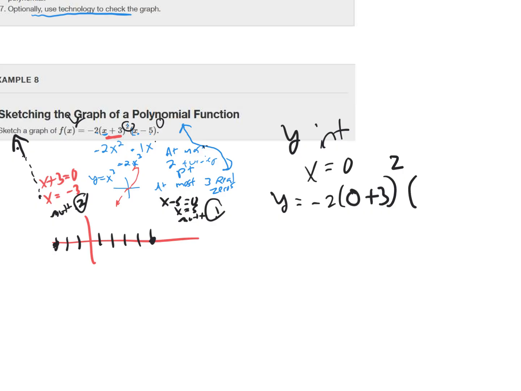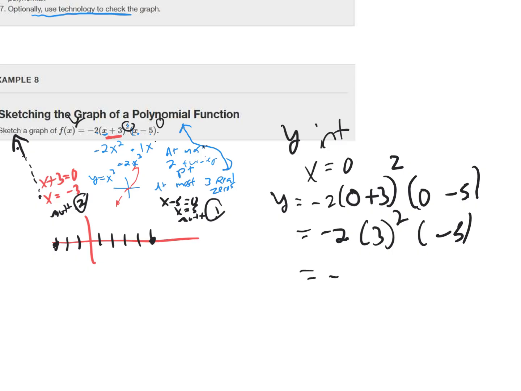So the x becomes 0 minus 5. That turns into a negative 2 times a 0 plus 3 is a 3, and I'm going to have to square it, times a 0 minus 5, not squared, just a negative 5.